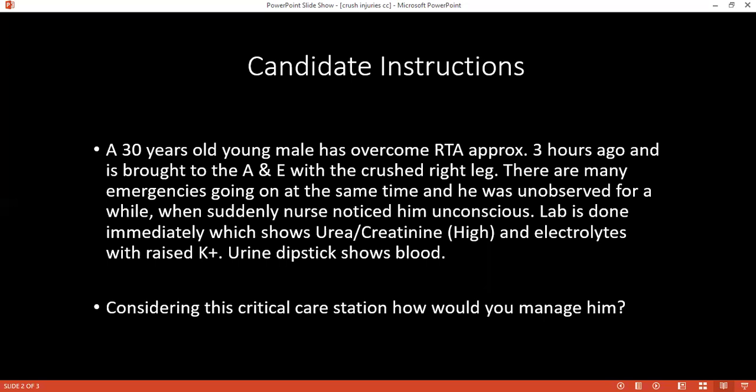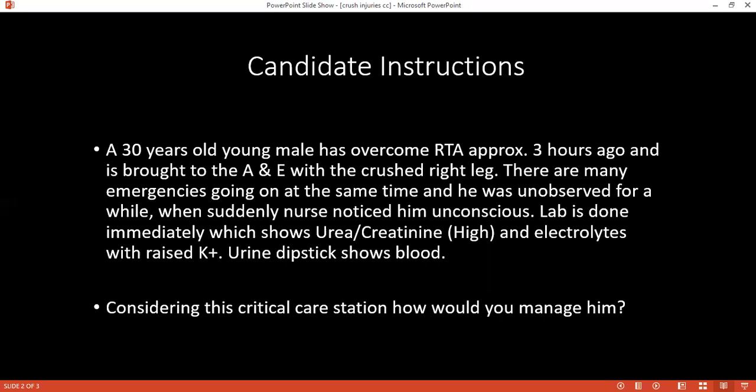So pain out of proportion, poikilothermia, pulselessness, pallor, and paresthesia. And 2 more. Pain out of proportion, poikilothermia, paresthesia, pallor, pulselessness, and one more.